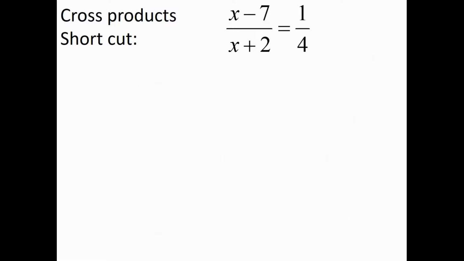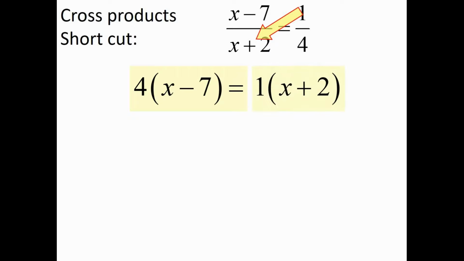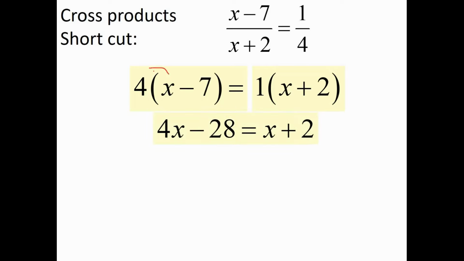Or ang shortcut is using cross products. You multiply the numerator of the left side to the denominator of the right side, and the denominator of the left side by the numerator of the right side, and then distribute 4.